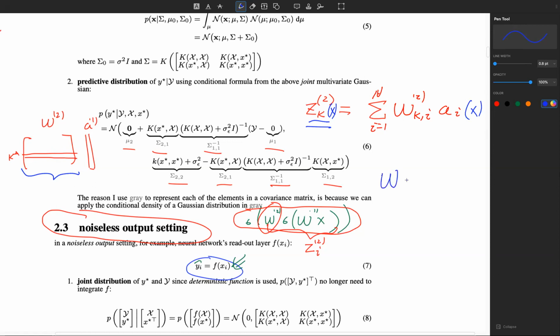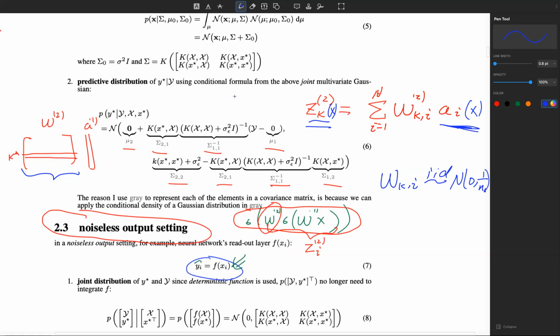I'm just saying that W_ki2 are i.i.d. standard Gaussian. If I do that, will I get a Gaussian distribution back? Well, given A, it is a Gaussian. If I'm treating this as a constant, then it is a Gaussian because I'm simply adding independent Gaussian distributions weighted by some kind of stuff here, right?